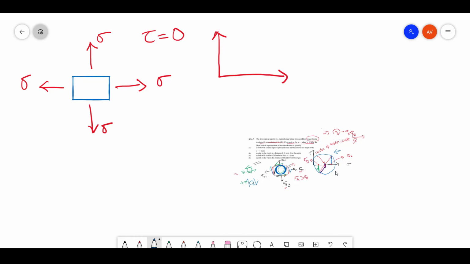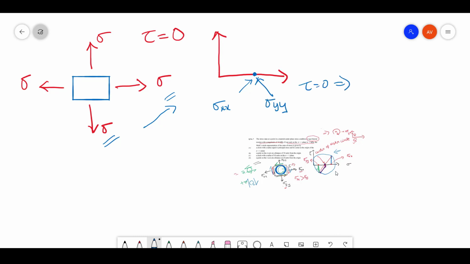Okay, so first I'll draw this. Let's say here is my tau. Okay, here is my sigma, and now I'll draw this. So this I'll get to be again at this point. Both will be at this point actually, sigma xx and sigma yy, and tau is 0.